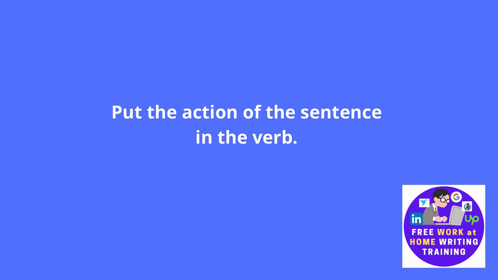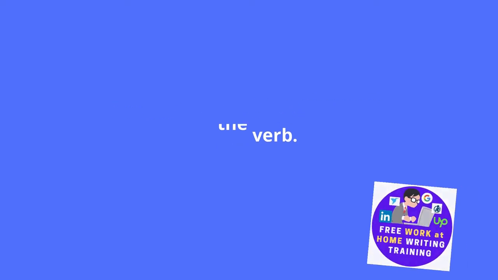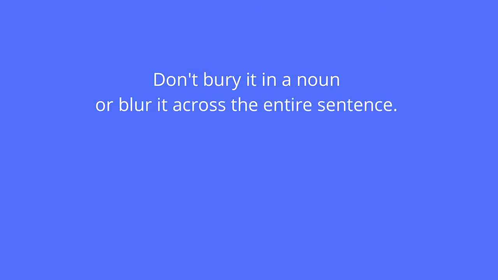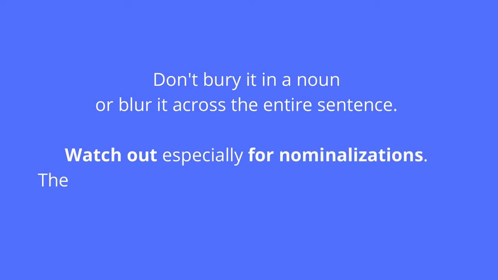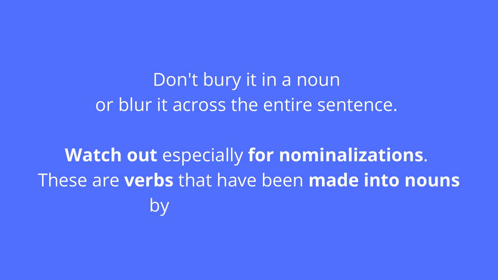Put the action of the sentence in the verb. Don't bury it in a noun or blur it across the entire sentence. Watch out especially for nominalizations. These are verbs that have been made into nouns by the addition of tion.